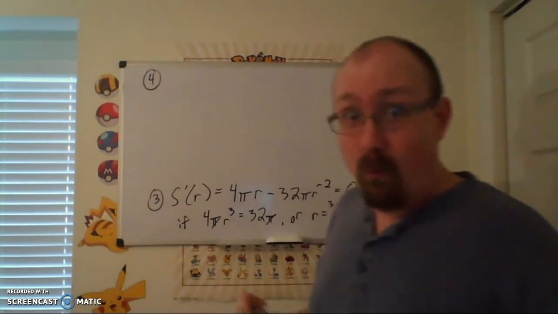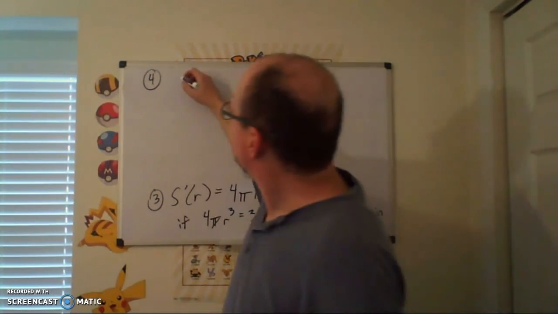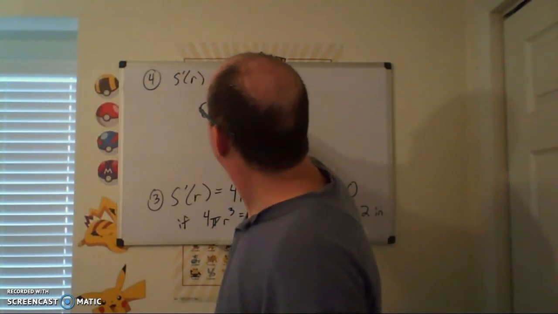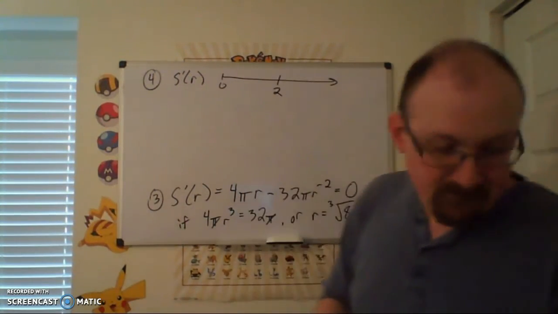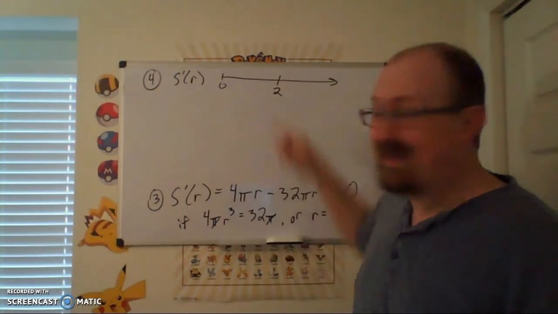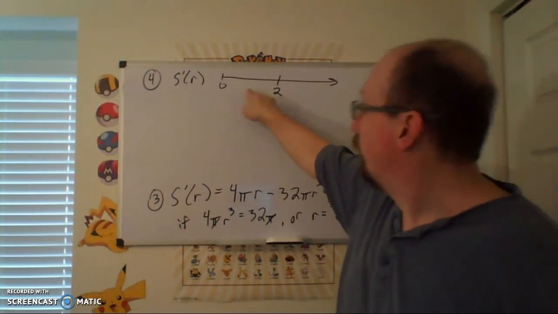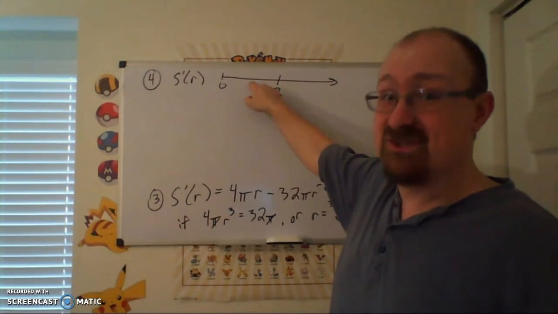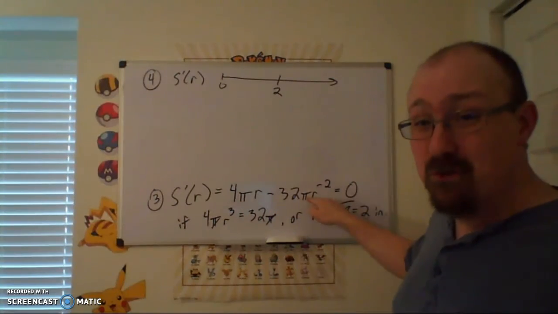We also do want to make sure that we are in fact minimizing the amount of metal we use. So we have 0 acting as a real world cutoff for what we're doing. Our candidate is 2. If we plug r equals 1, again, 1 is super easy to work with. We have 4 pi minus 32 pi.